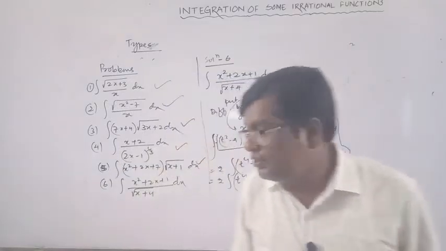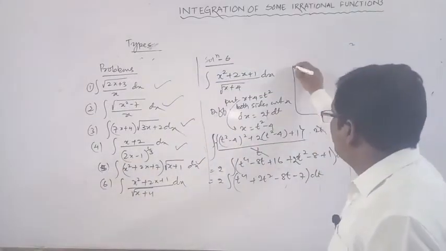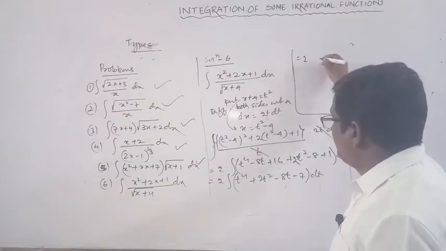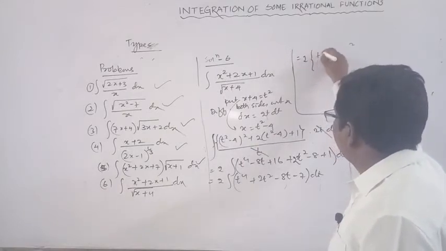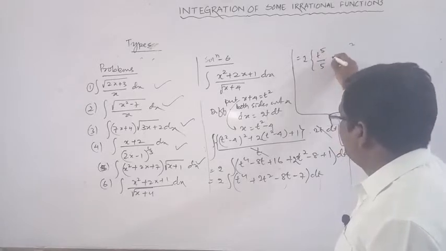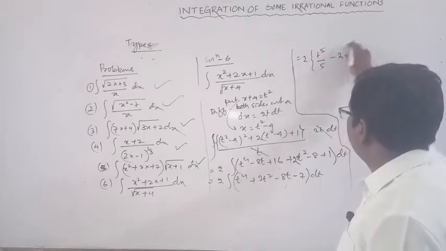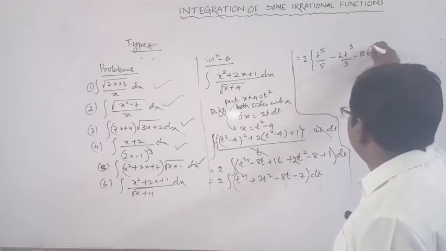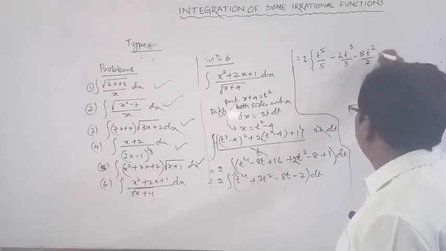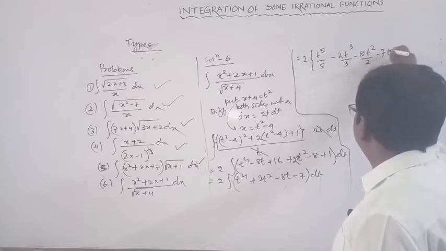Now integrate this: 2 into integration of t⁴ − 6t² + 9, that is t⁵/5 − 2t³ − 9t.